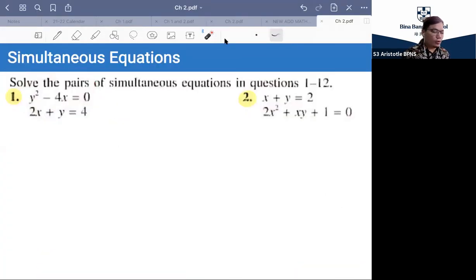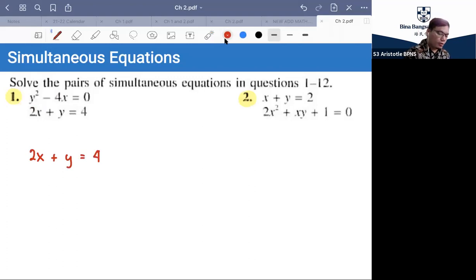So always go first with the linear one, and then you make either x or y the subject. For number one, let's say I have 2x plus y equals 4. I'll make y the subject because it's much simpler.